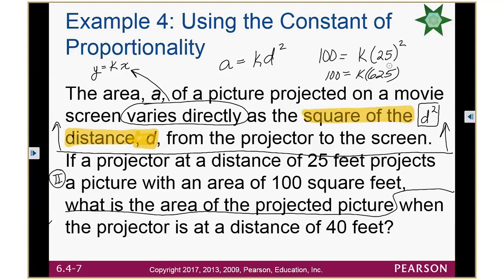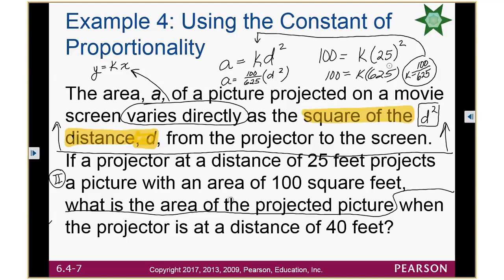Divide both sides by 625, and K is equal to 100 divided by 625. And I'm just going to leave that as 100 over 625 right now. And what are we going to do with 100 over 625 after we find it out? Plug it back into the what? Original equation. So I'm going to take this K, and I'm going to plug it right in here. So A is equal to 100 over 625 times D squared.